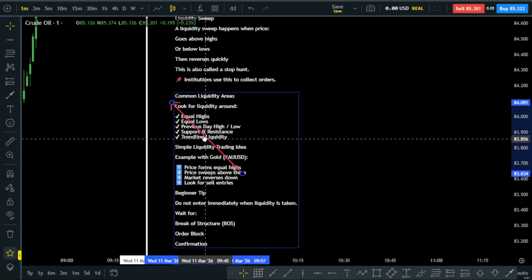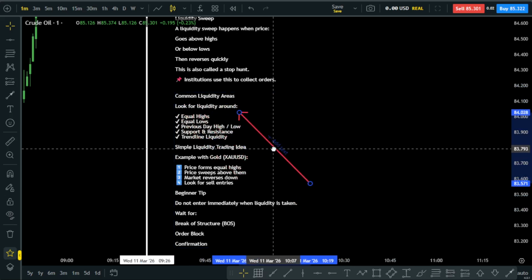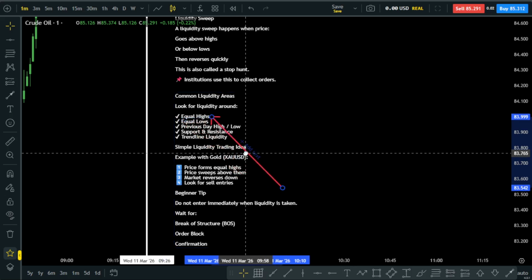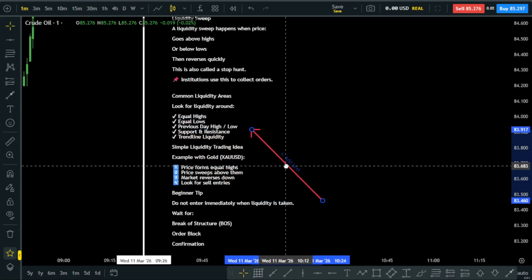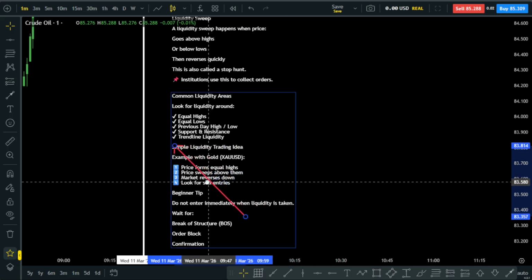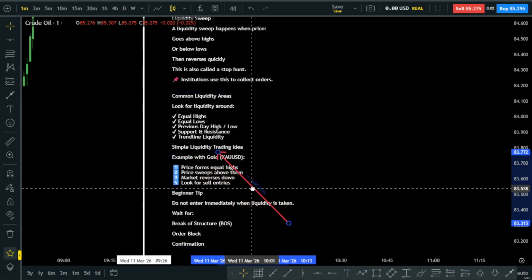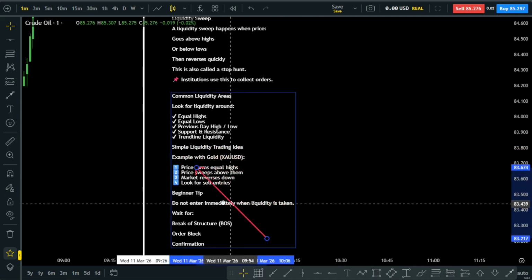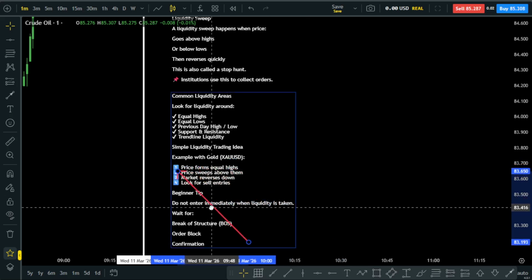Let's keep moving. Common liquidity areas: look for liquidity around equal highs, equal lows, previous day highs or lows, support and resistance. We have also trendline liquidity. A simple liquidity trading idea, example with gold: 1.